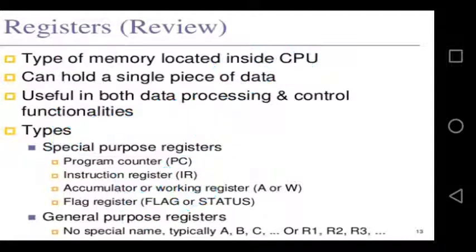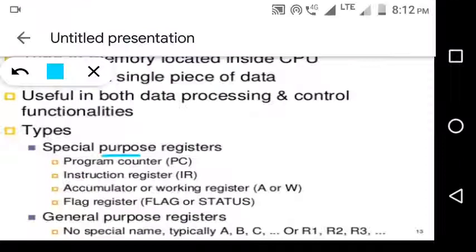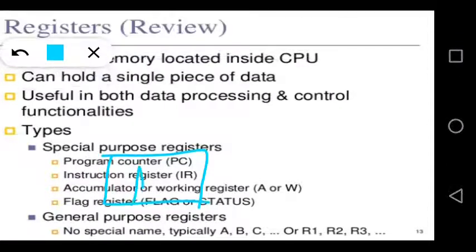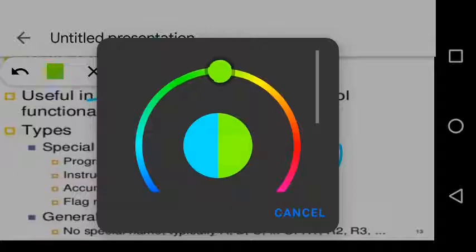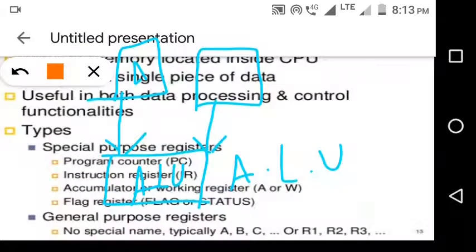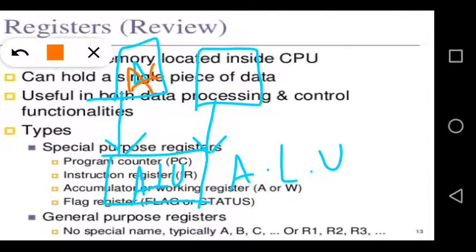That means when the ALU, which means arithmetic and logical unit, performs an operation, it takes the input from one of the registers, and one of those registers can be AC and BR.